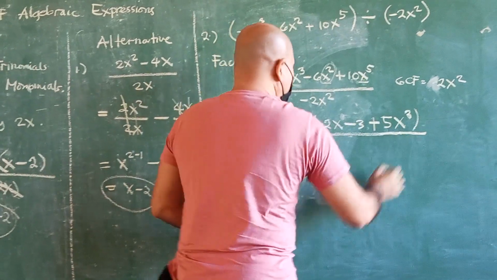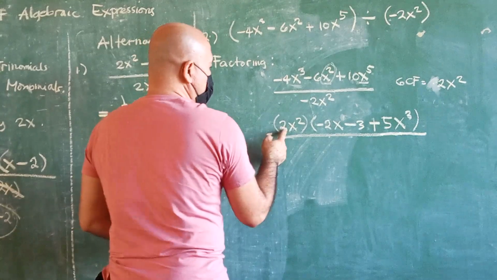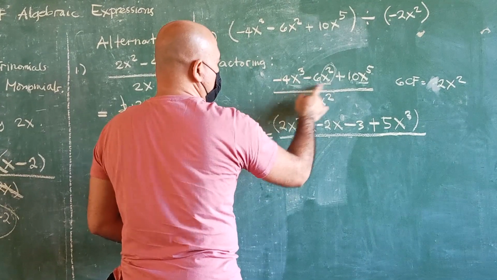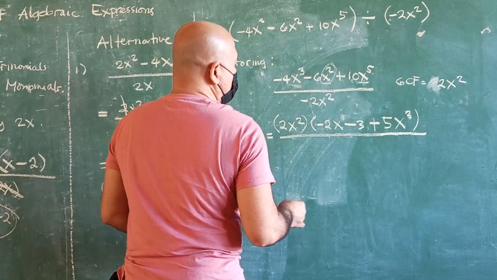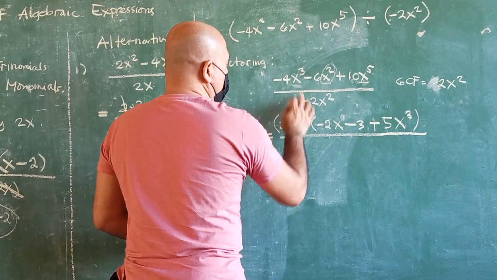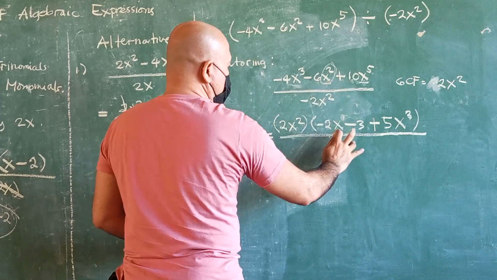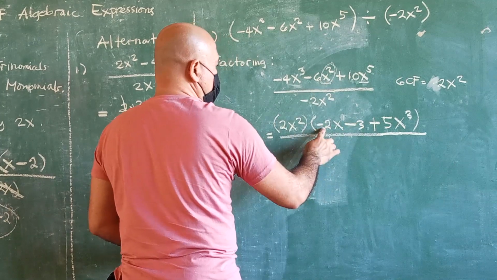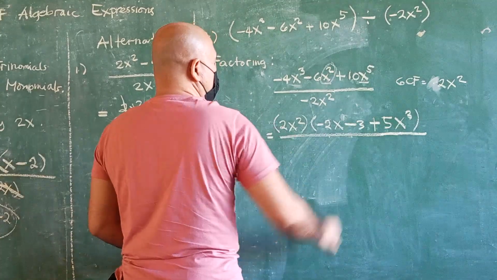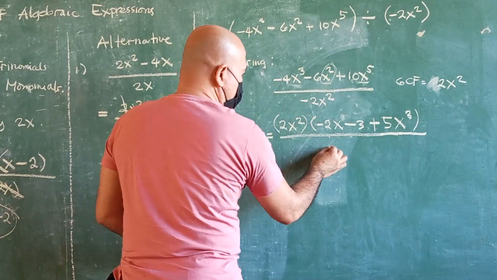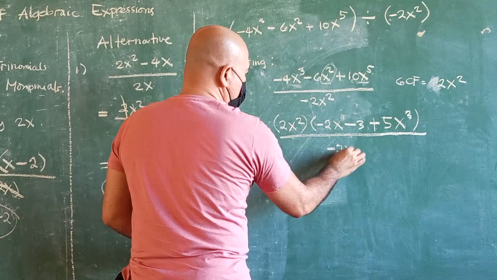So when you factor out the common monomial 2x squared from this expression, the resulting second expression is negative 2x minus 3 plus 5x cubed. And bring down negative 2x squared.